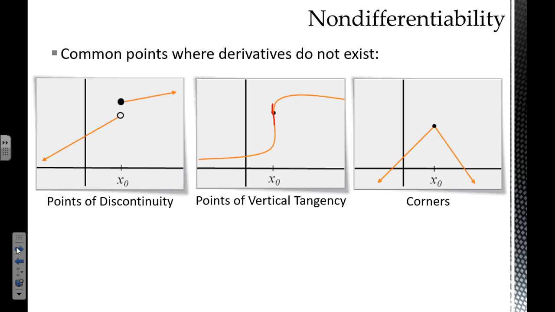If we were to draw a tangent line that was vertical, it would have undefined slope. That would mean an undefined derivative. So the derivative does not exist when we have a vertical tangent. And then we are also not differentiable if we have a corner. Sometimes you will hear them called a cusp. If there is a corner, we are not differentiable.